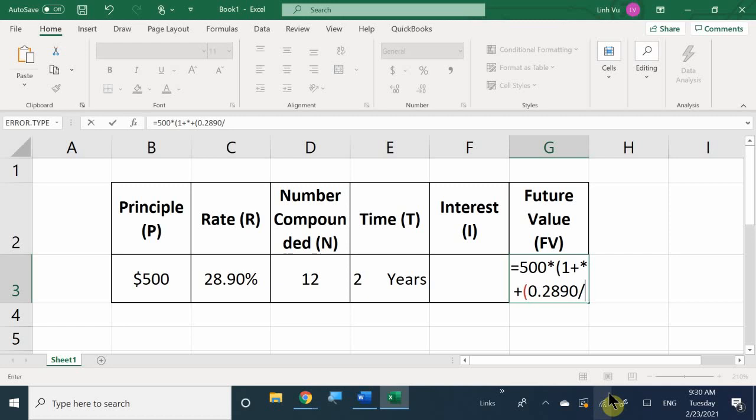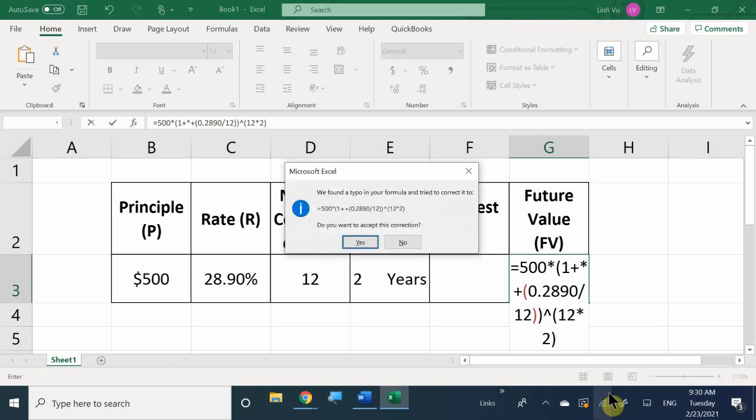Divided by what? Number of times compounded. All right. Raised up to the nth power. All right. And what's my formula here? It's going to be to the n, which is the number of times compounded, times the years, times time. Good. So what is my future value here?